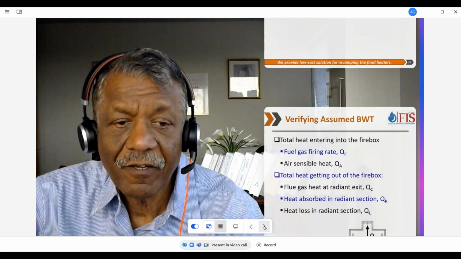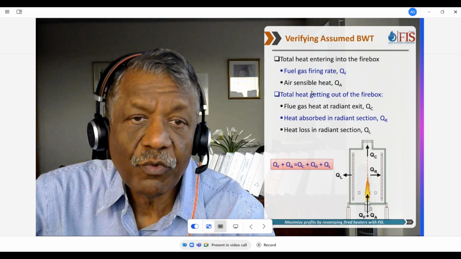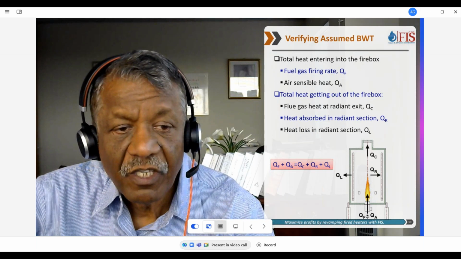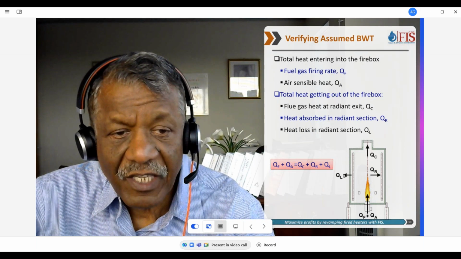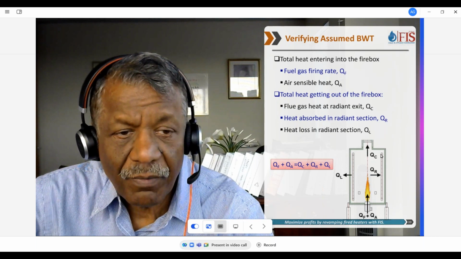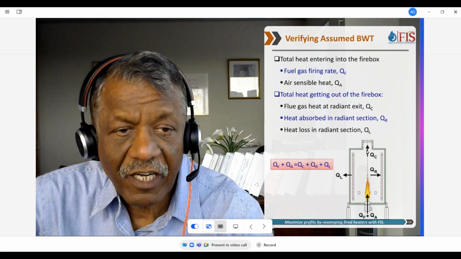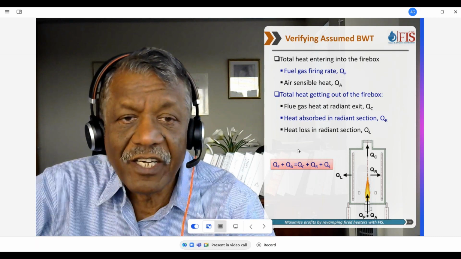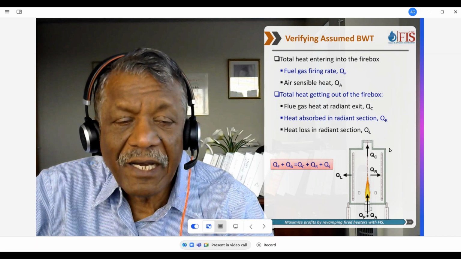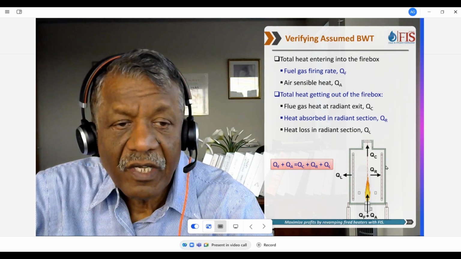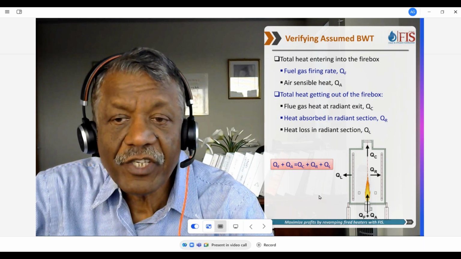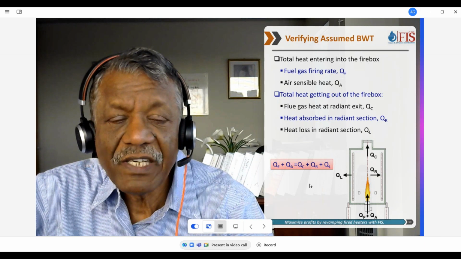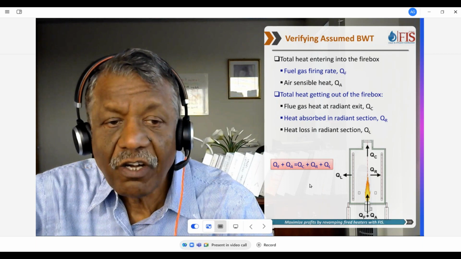And now we do our assumptions like total heat entering into the firebox, how much heat we are putting in, how much heat is lost, how much heat is being absorbed, and how much heat is going into the convection section, whatever is exiting the radiant section. So we do this heat balance, and by doing this we are trying to verify whether all these calculations which we have done are correct or not.